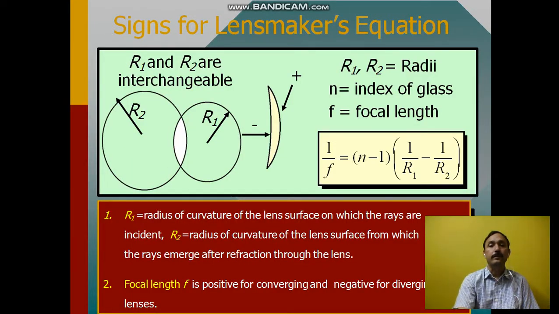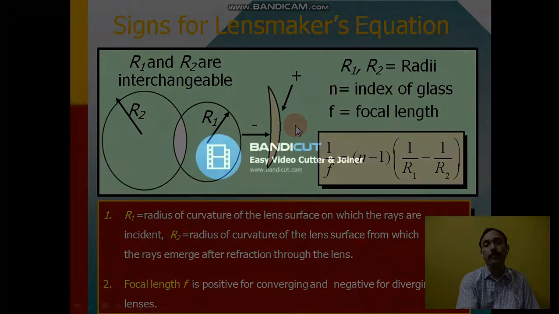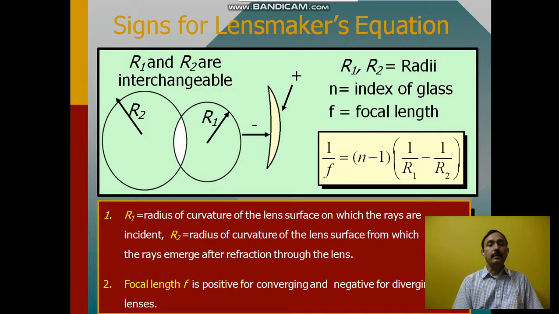Signs of Lensmaker's formula. So here for this lens it is minus as it is a concave surface, and for the convex surface it is plus if light is coming from this direction. R1 is the radius of curvature of the lens surface on which the rays are incident.